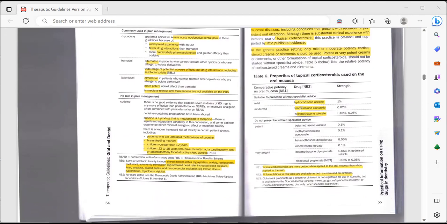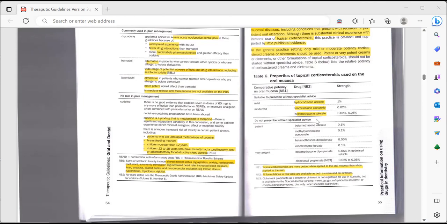So we only need to learn these doses. The mild one is hydrocortisone acetate, and the moderate ones are triamcinolone acetonide and betamethasone valerate. You need to learn the concentration as well, so its strength is 0.02%, 0.02%, and 0.05%.